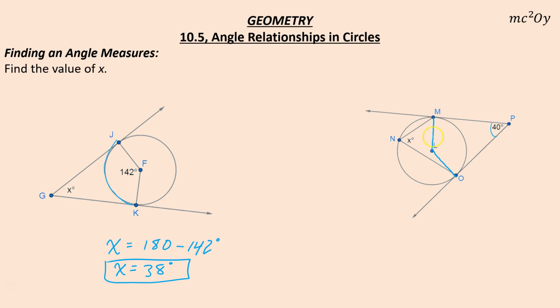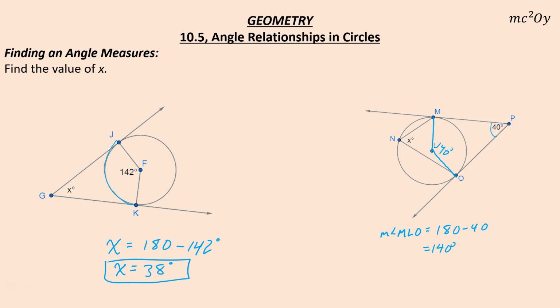Let's find angle MLO first. The measure of angle MLO is equal to 180 minus 40, and 180 minus 40 is 140. So this angle right here is 140 degrees.